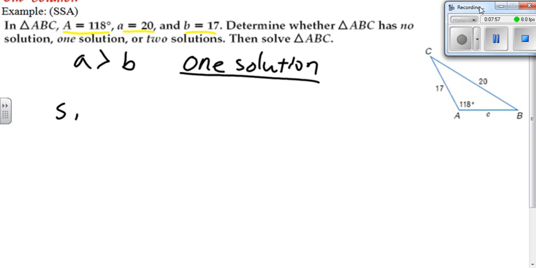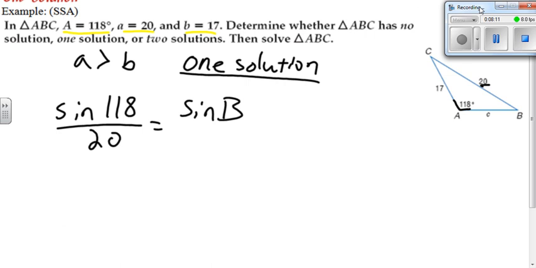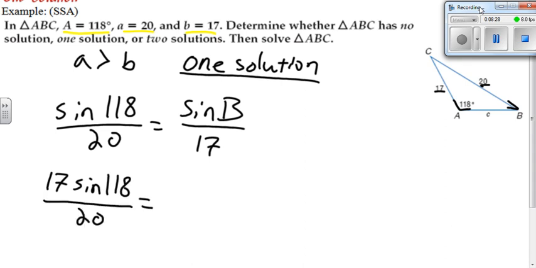We can say that we have the sine of 118 over 20, because we have our angle and the leg that is across from, equals the sine of b, this angle, so we need the leg that it corresponds with, over 17. Now we just have to solve for b here. If we multiply 17 to the other side, 17 times sine 118 all over 20 equals the sine of b.